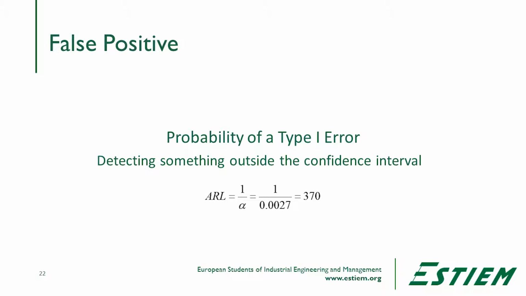And we see that this average run length is called 1 over alpha. If we have an X bar R chart, alpha is 0.0027. So 1 over 0.0027 means 1 out of every 370 observations, we would get this out of control condition, when in reality the process is not out of control.